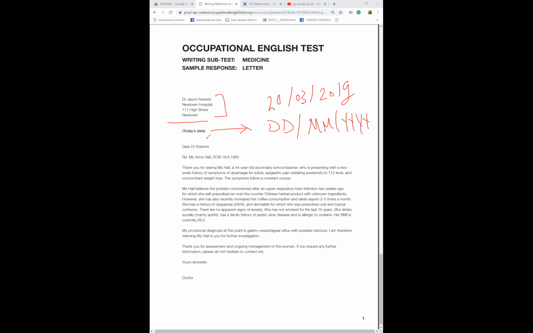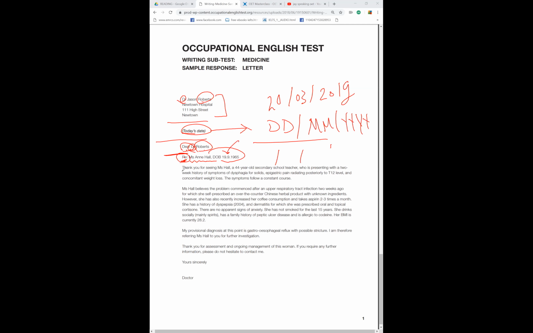Here you will leave a blank after the date and write Dear Dr., the second name of the doctor, Roberts. You will not write Re or Regarding or Subject with the whole date of birth. You will write the date like we said, like this, not like this. No problem, but we want to make our format fixed and constant.